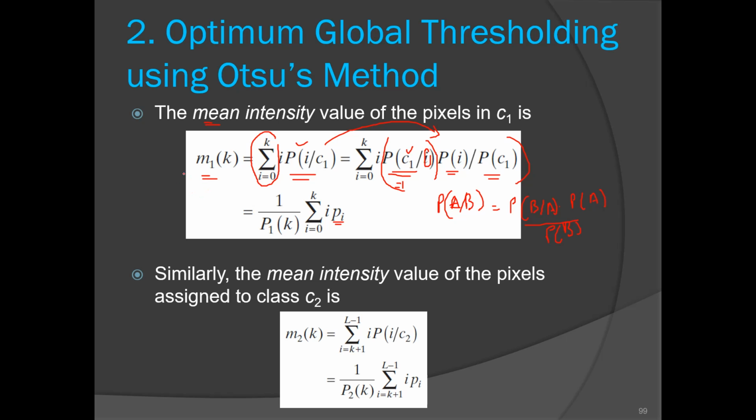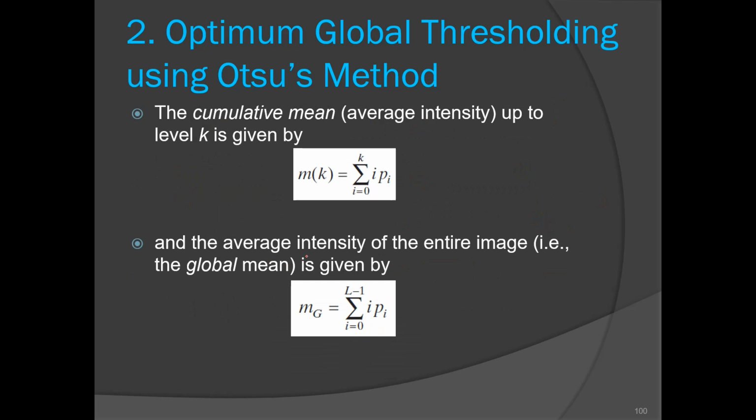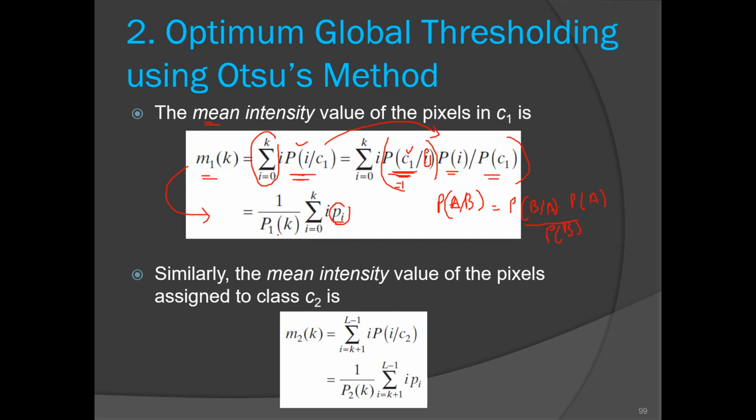This is how you can calculate the mean intensity of class C1. I repeat, for expanding this equation we have used the Bayes equation, and this probability is actually 1. This pi is represented by this smaller notation, and P(C1) is nothing but this probability, which is written outside. So this is the mean intensity of the C1 class, and this is the mean intensity of the C2 class.